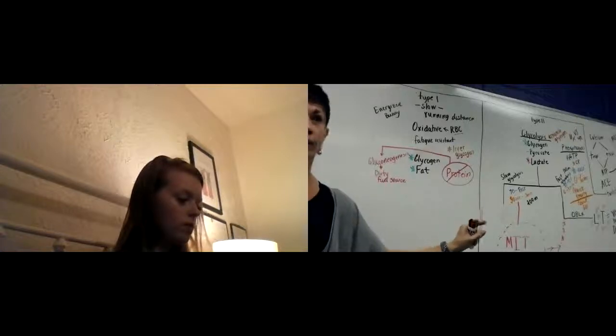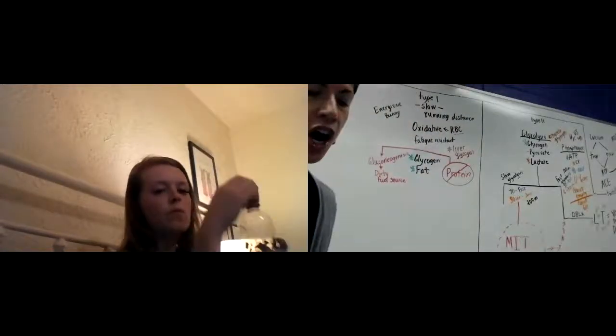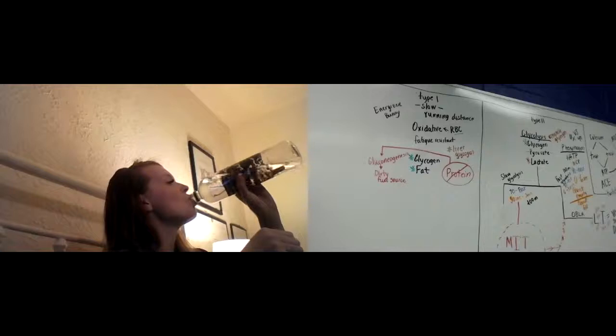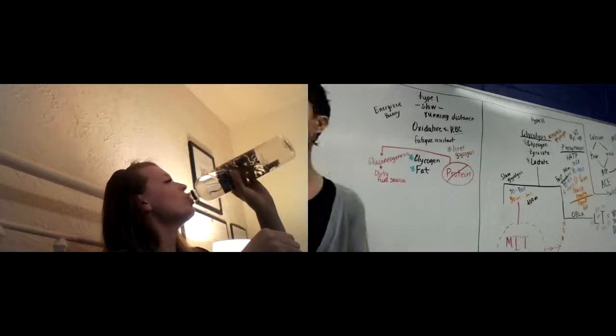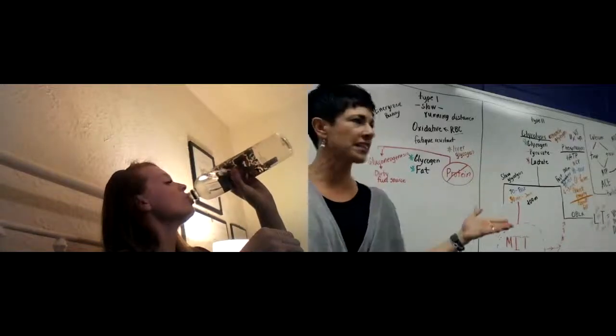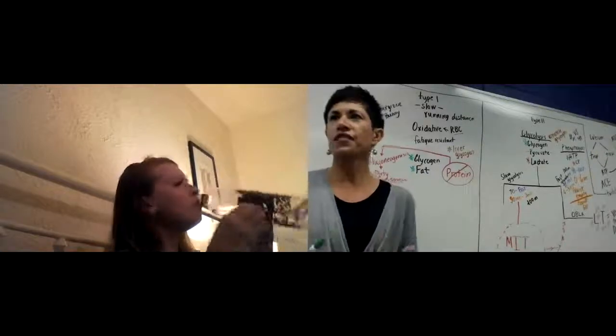It's trying to save fat. Because you know what? How long can you live on your fat? A long, long, long time. Remember how we talked about there's basically an unlimited source of fat, even in people that are very lean.